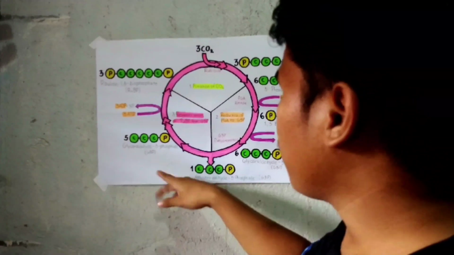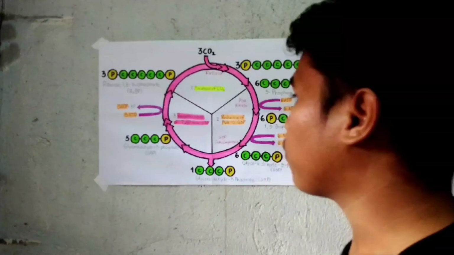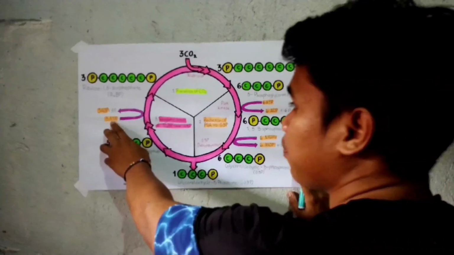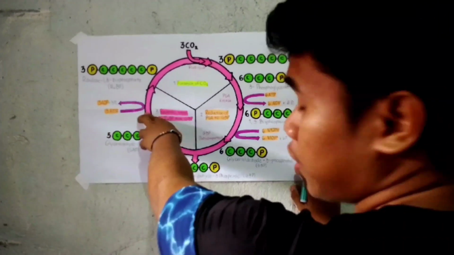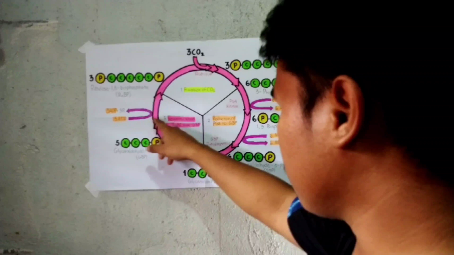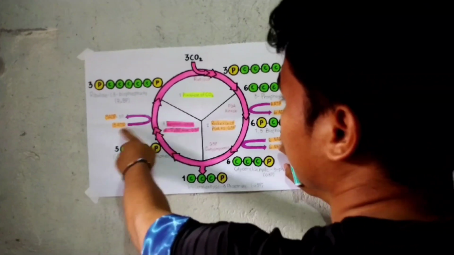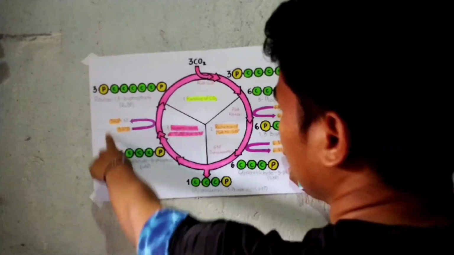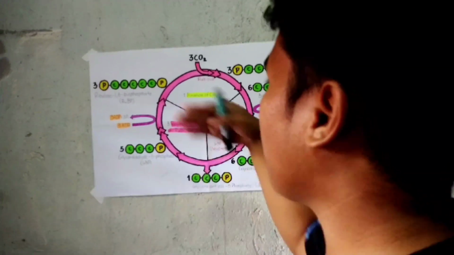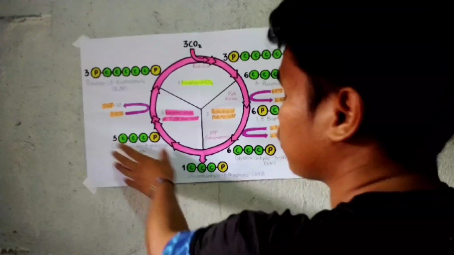Because we have only 1 phosphate here, we need something that can give us phosphate. That's the time when ATP will enter the process. ATP will give its energy, or its phosphate, to G3P, so we have 2 phosphate groups.